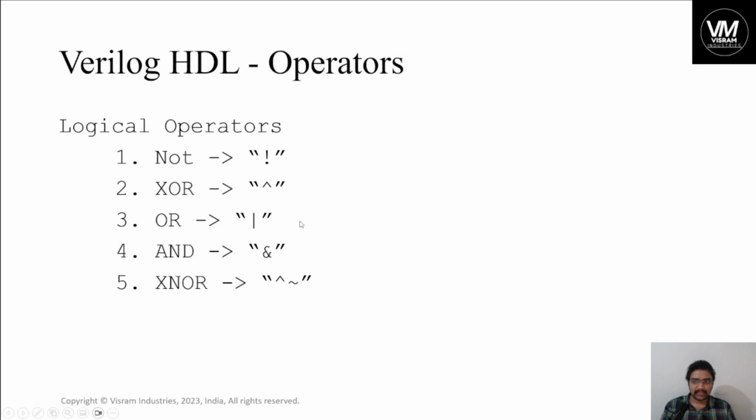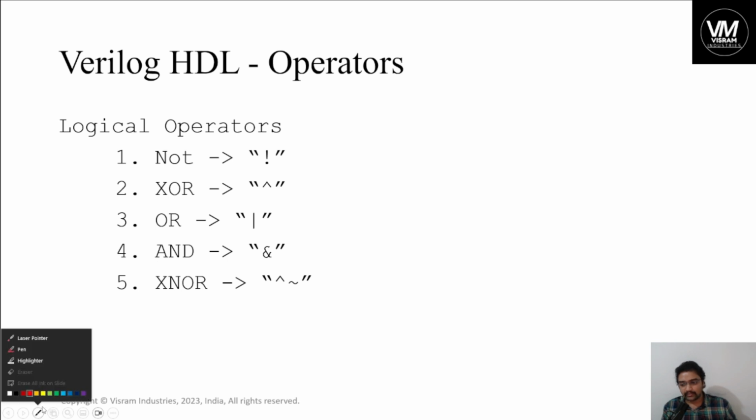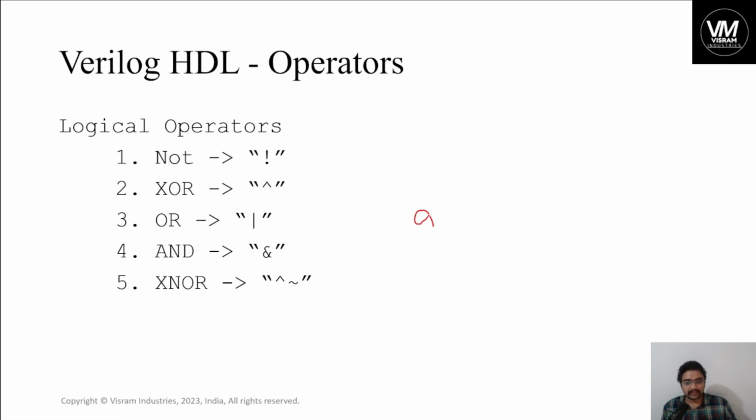In the same way, we will be having logical operators. Some of you have already seen we can represent A or B with A slash B. Usually we write just simple A or B. And sometimes A and B. So if A is equal to 0 and B is equal to 1, what would be the output?